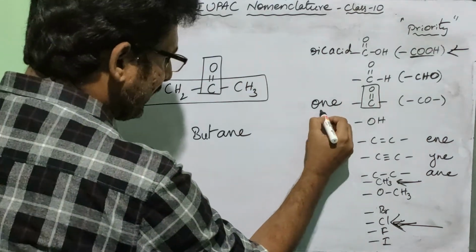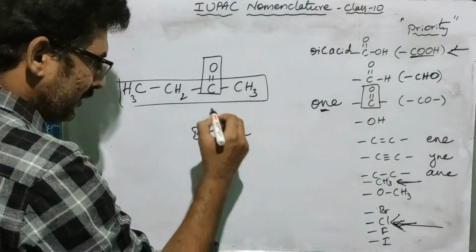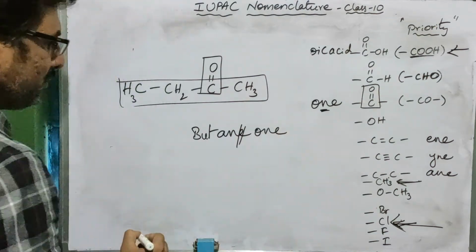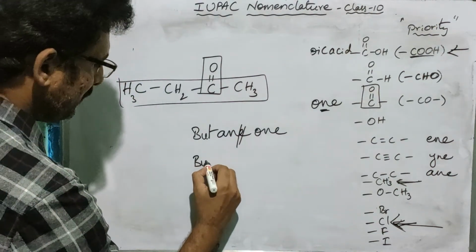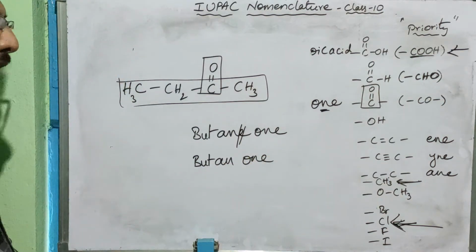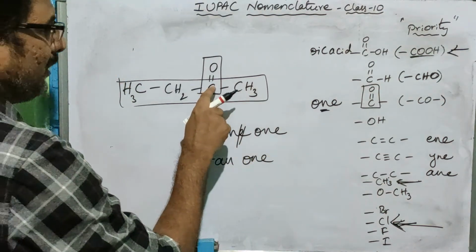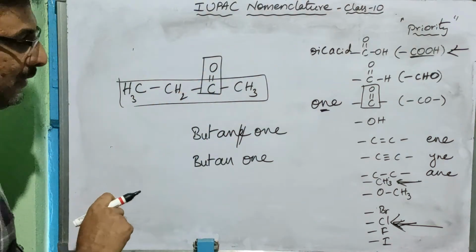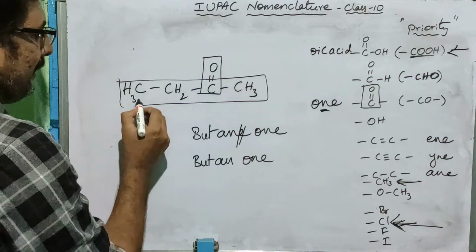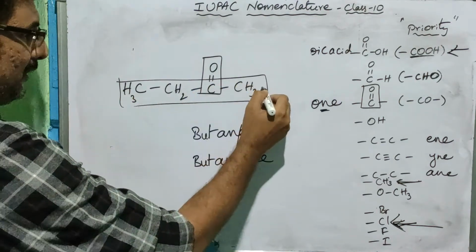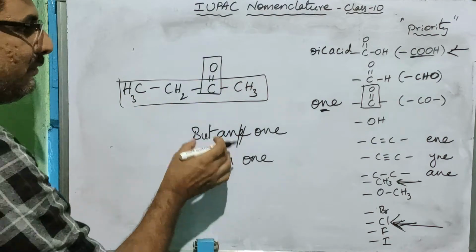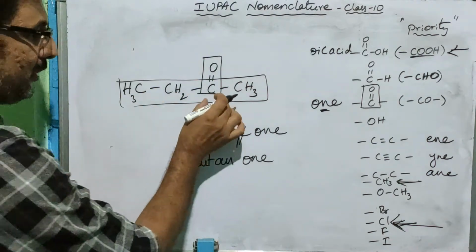Before you write the secondary suffix, you have to remove the E and write -one. So now this will be butanone, but you have to show the position of this ketone group. If you give numbering from left to right or right to left, which will give the least number to this functional group?